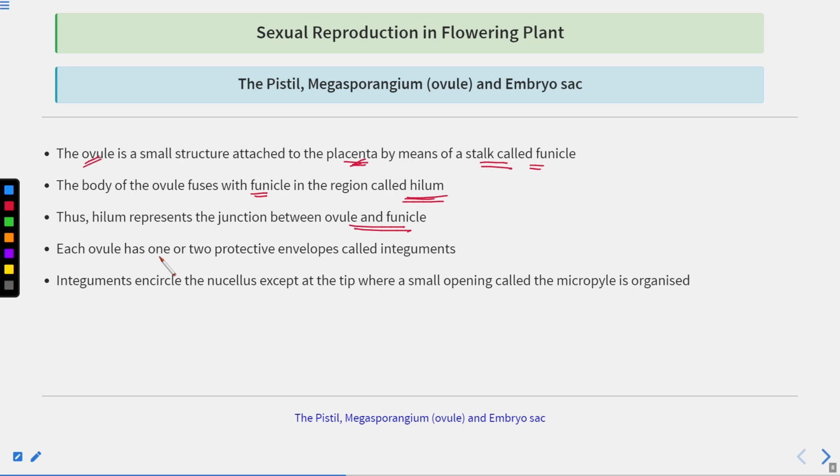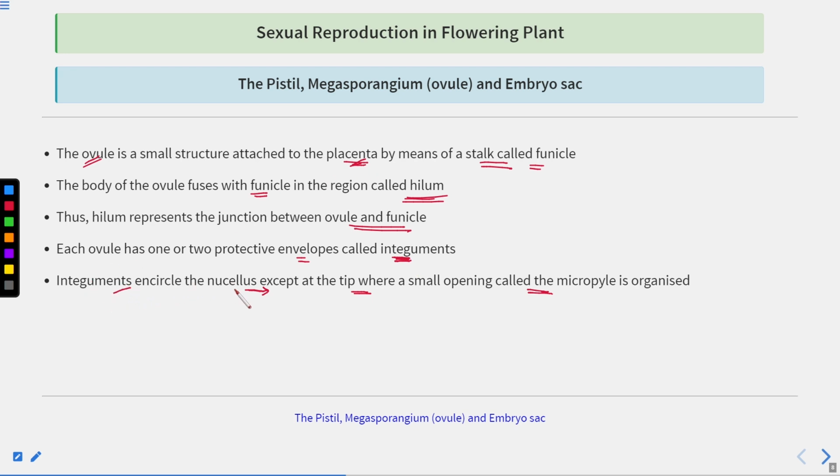Now each ovule has one or two protective envelopes known as the integuments. There were two integuments, outer and inner, and the integuments encircle the nucellus, whose cells are diploid, except at the tip where a small opening called the micropyle is present. You must have seen in that image that the integuments were not completely surrounding the ovule.